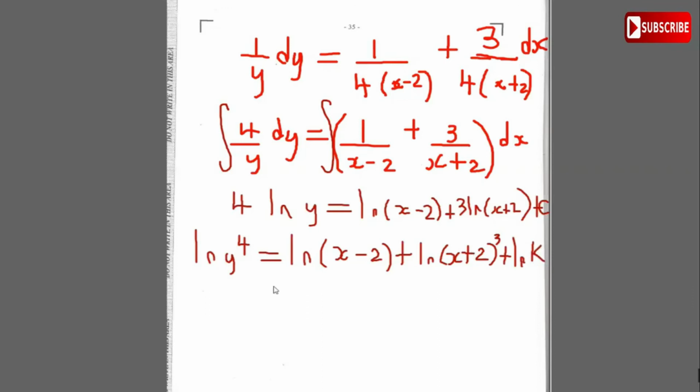Now by laws of logarithm, we can write these as 1 log. So we're going to write it now as ln. A log a plus log b plus log c is a log of abc.